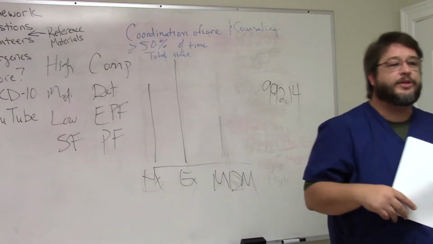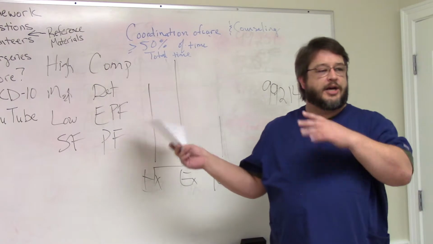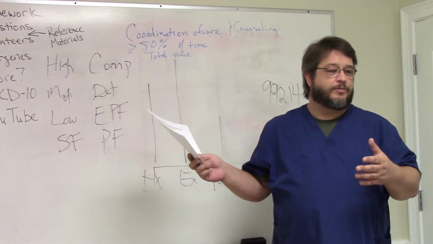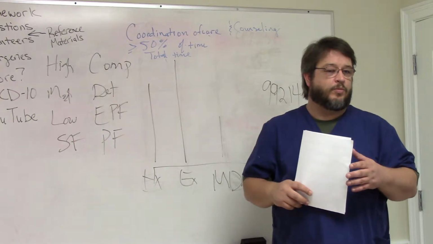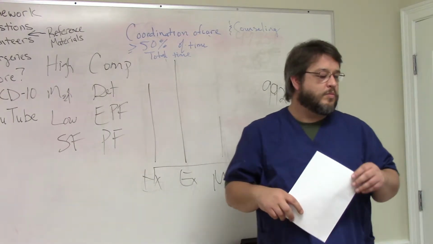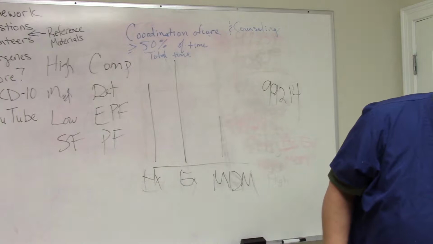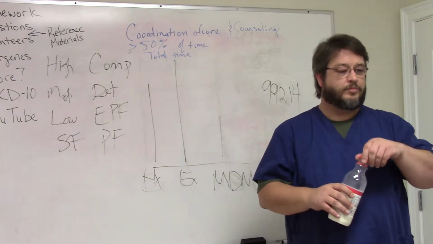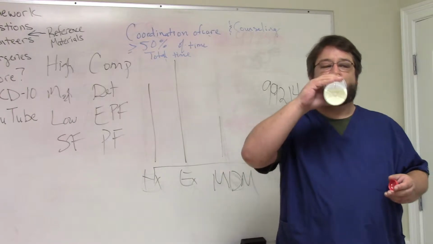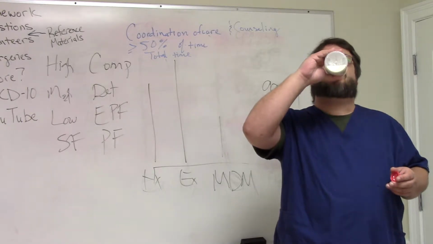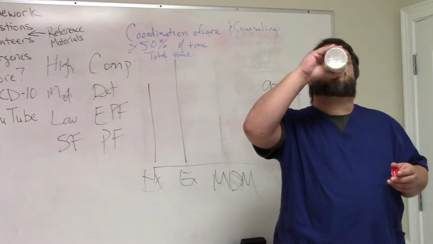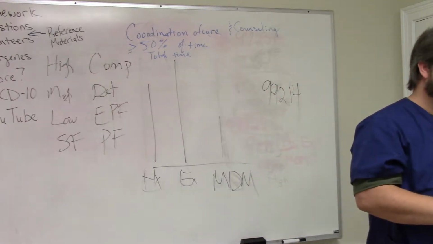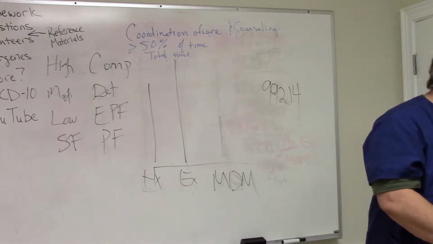Okay, but does everyone understand how we got there? Is everybody comfortable with that? I think that now I understand. I want to do more exercises. Well, there's several things you have to remember. For a new patient, any new patient, you have to have all 3 elements, so it is the lowest one that determines the code.